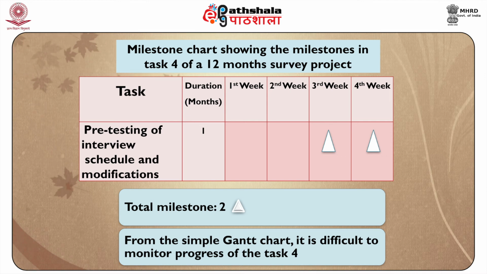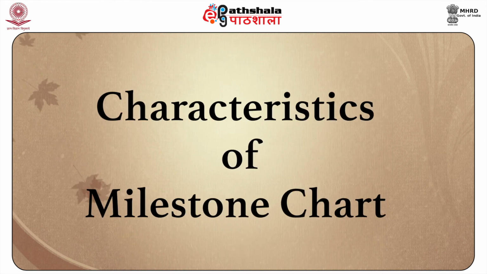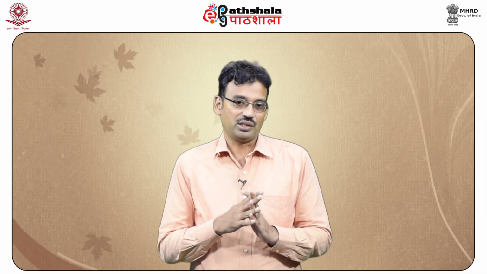This is the figure showing the milestone chart. When you see the pre-testing of interview schedule, it is completing by 3rd week and necessary modifications we are completing in 4th week. Coming to the characteristics of milestone. In a milestone chart, a task is broken down into specific phases. These specific phases we call activities. After accomplishment of each specific activity, a milestone is reached, or in other words, an event occurs.